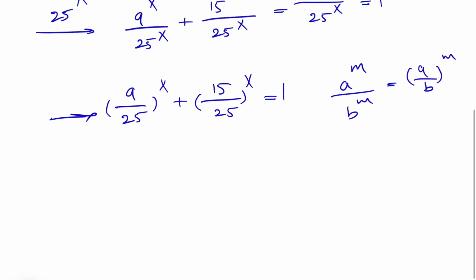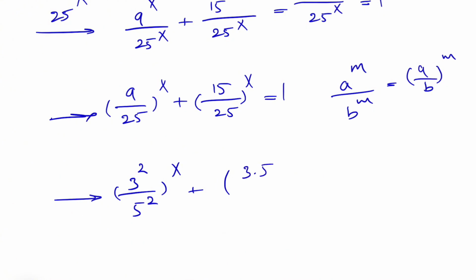What we can do in here is, so we have two perfect squares that we talked about earlier. So 9 would be 3 squared and 25 is 5 squared, and this will be all to the x. For the other one, we have 15 and 25, which we know 15 is 3 times 5 and 25 is 5 times 5.